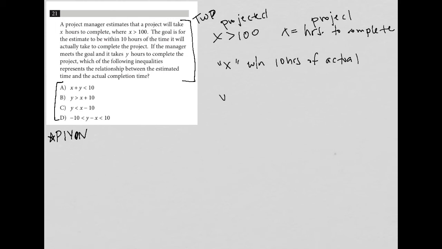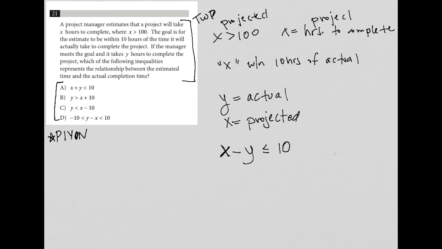Well, if Y equals actual and X equals projected, and we want Y to be within 10 of the projected, then that means that when I find the difference between X and Y, in this case, that value should be less than or equal to 10, right?